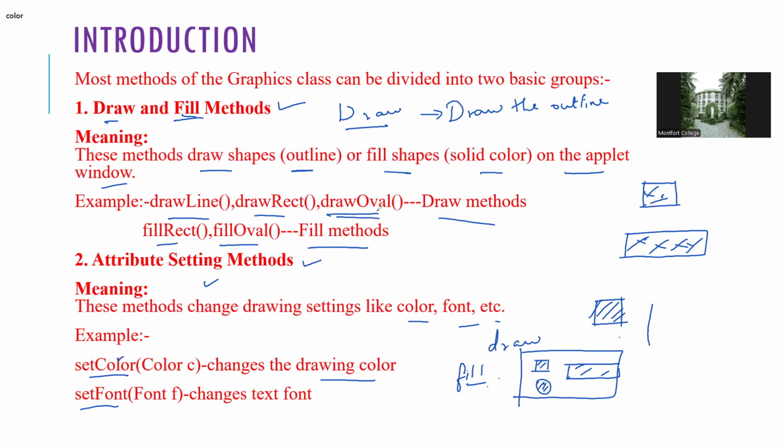If you use the drawOval method, it gives the outer line of the circle, but if you want the inner side in some color, you can put setColor immediately before the statement, and it is going to be filled with the color you mention. Next, setFont changes the text font.